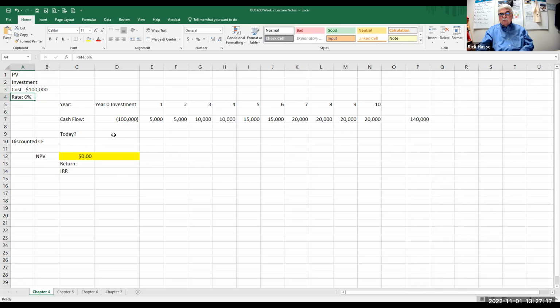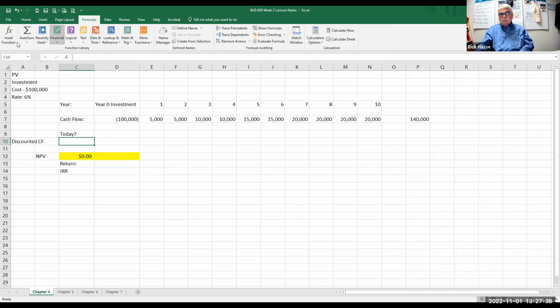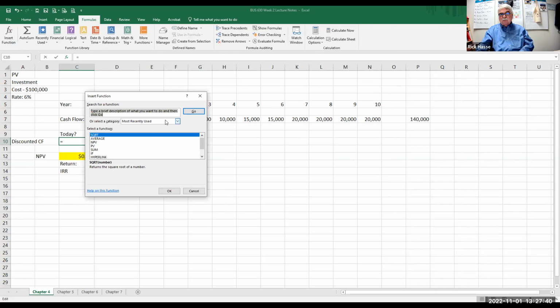So what we're going to do now is do an analysis by taking these cash flows from year 1 through year 10 and discount them back to today's value at a discount rate of 6%. So we use, thank God for spreadsheets, we go to our formulas function in our spreadsheet, go to insert function, and we look for the financial category of these formulas, and we find the function net present value, NPV.